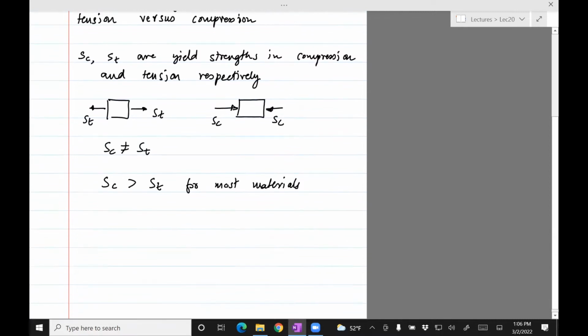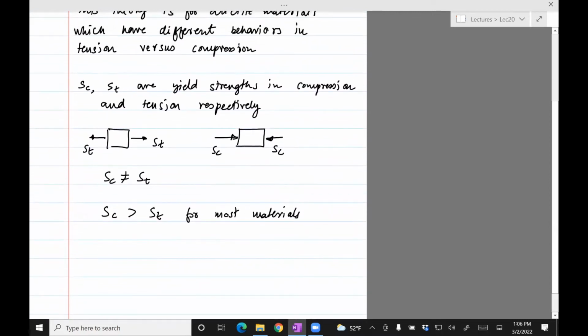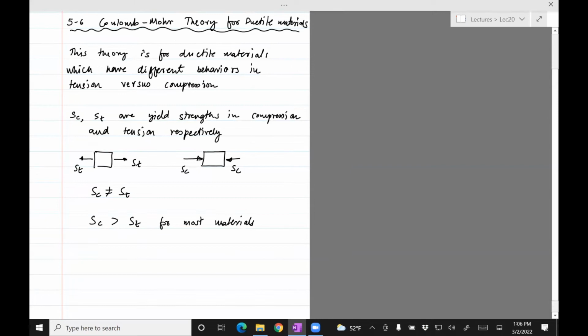In other words, the particular material can bear more compression than tension.